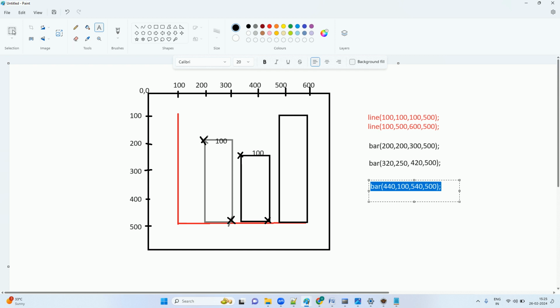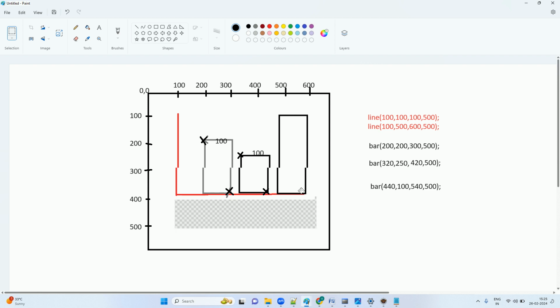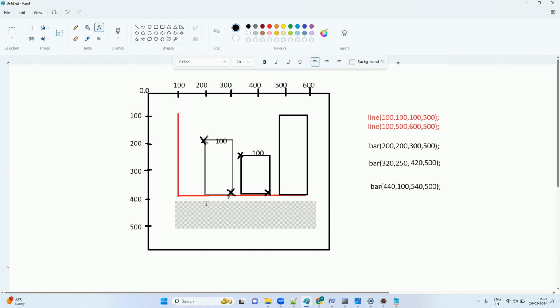We have moved this to 400, so whatever was over here has moved up to 400. If I want to display over here the month of Jan, month of Feb, and month of March, how will I do that? Out text. Let's say inside it.